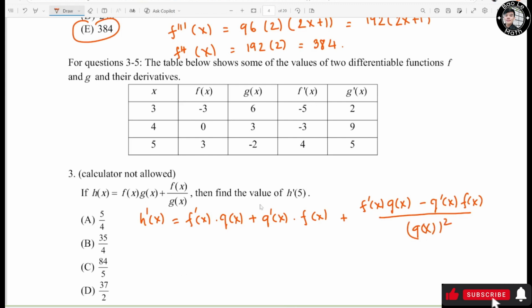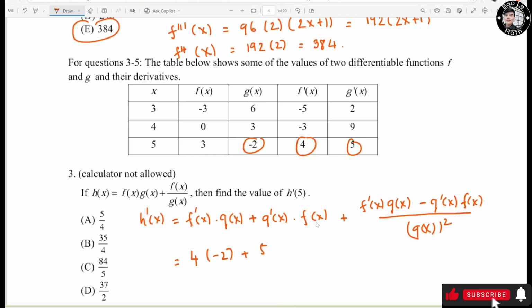So we substitute phi for s, right? So we have f prime of phi. F prime of phi is going to be 4, right? G of phi is going to be negative 2 times negative 2 plus g prime of phi is going to be 5 right here.